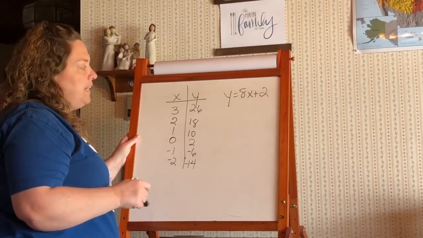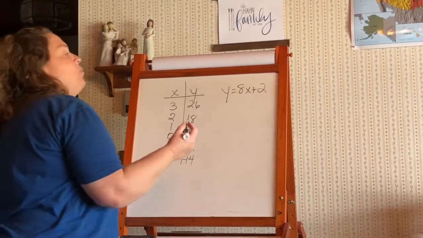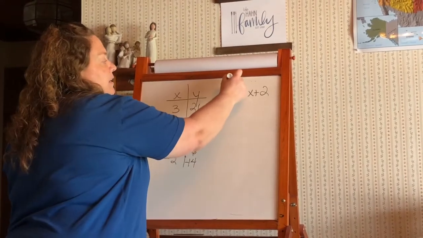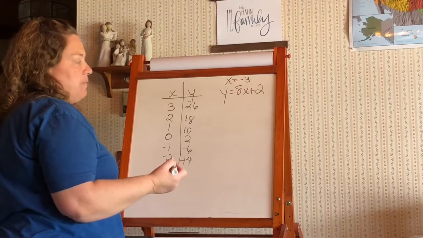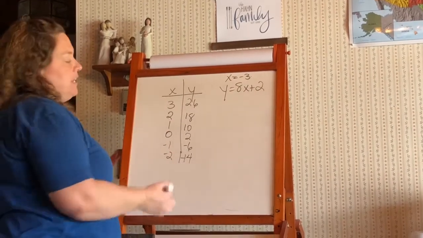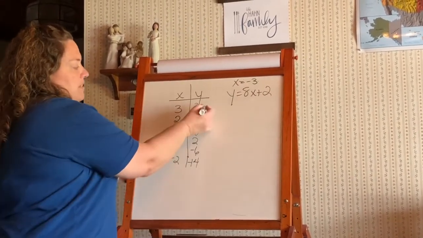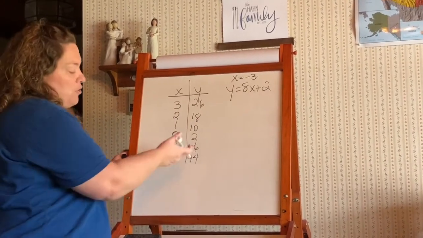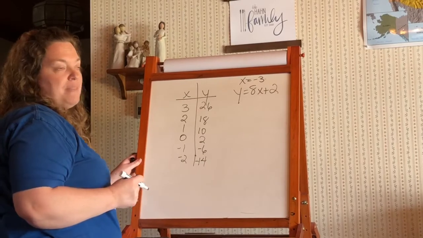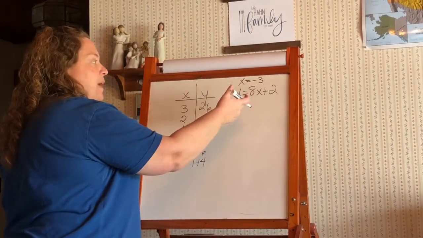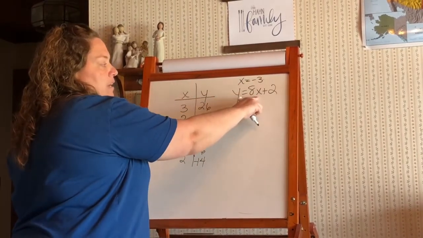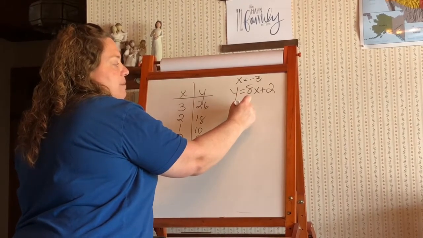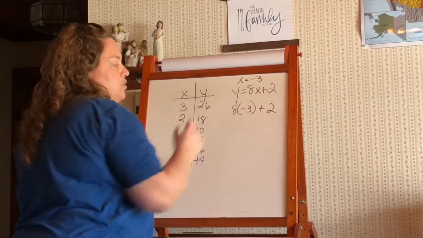So if we wanted to see what the value of y would be if x equaled negative 3, you could do two things. If you have this chart, you could see that the pattern changes by 8 every time, and you could just figure it out that way. But let's go ahead and figure it out algebraically by putting in that negative 3 for x. We would get 8 times negative 3 plus 2.